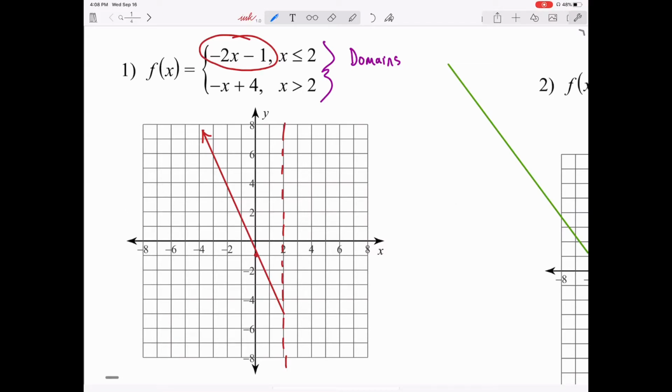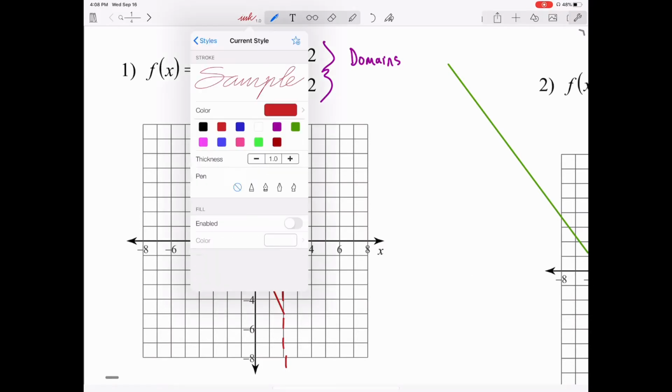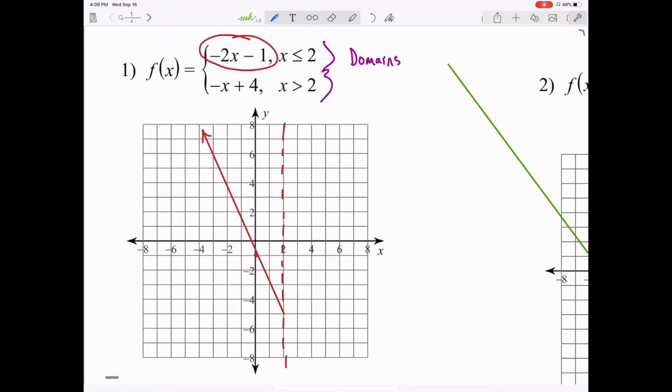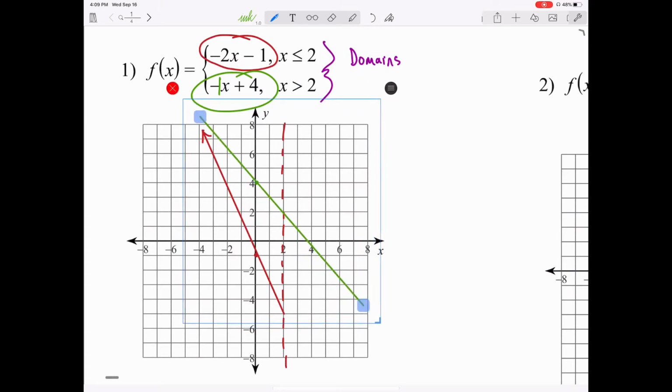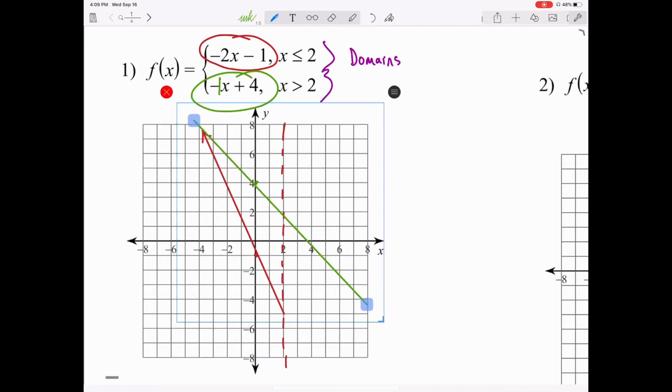So if we go to the next part, which is negative x plus 4, we're going to do the same thing. So normally that function would go through 4, we're talking about that one, and it would have a slope of negative 1. So if I take my green line over here and do my best to make that a slope of negative 1, it looks like that.